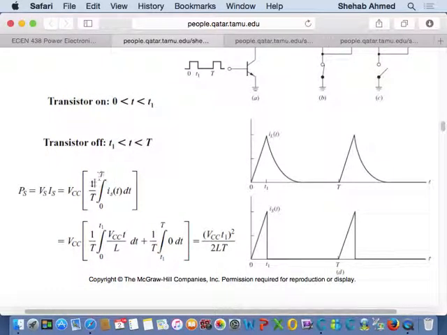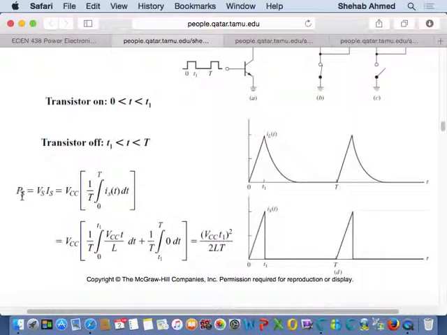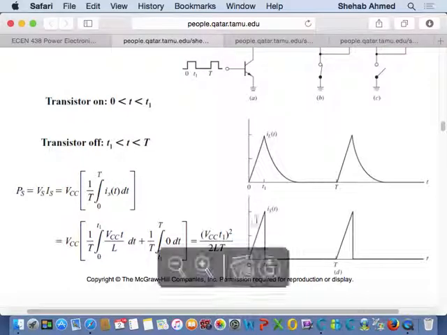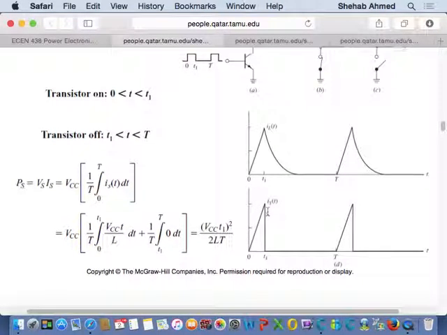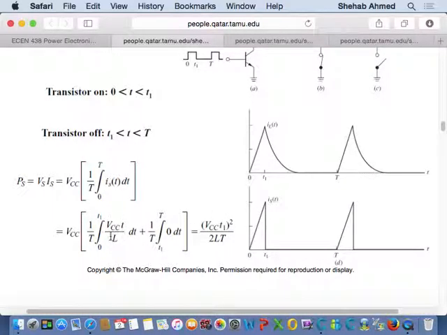So I have power from the source equal to average voltage from the source times average current from the source. Average voltage from the source, again, it's a DC source, so I can take that out, right? And then I have to integrate the current, because the current is not a fixed value, it's this ramp, right? And we derived the equation for the current.